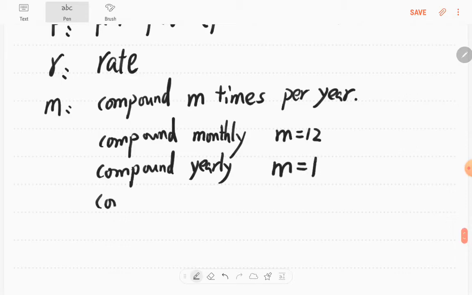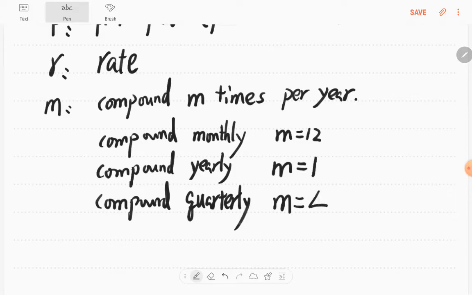If you see compound quarterly, that means every 3 months the interest will be calculated. So M equals 4.